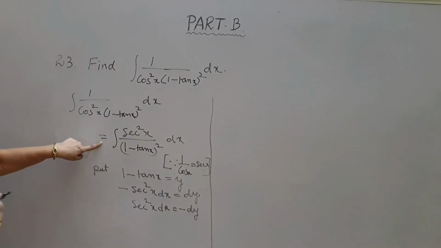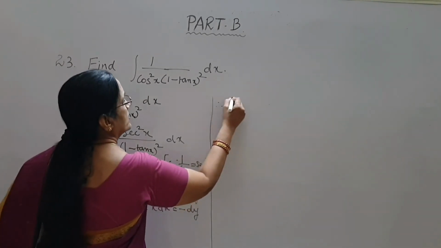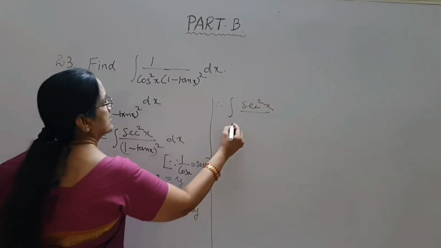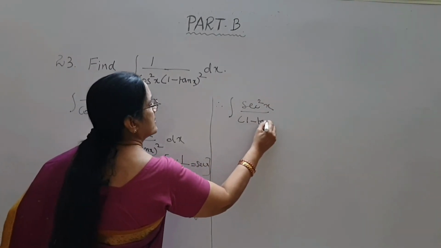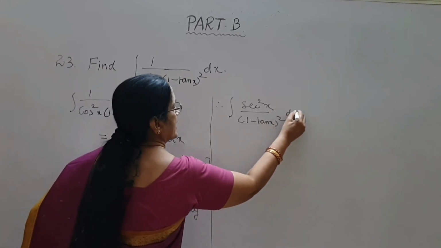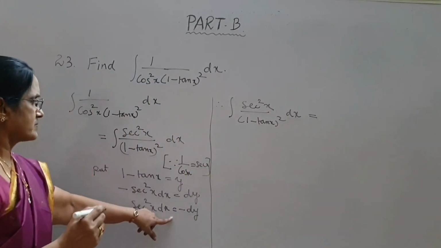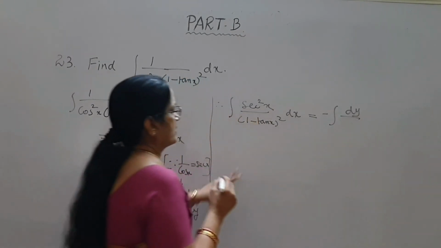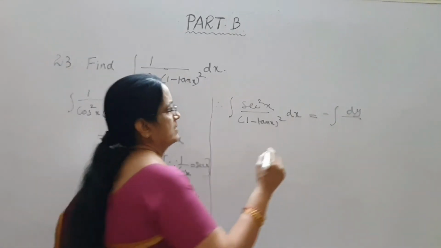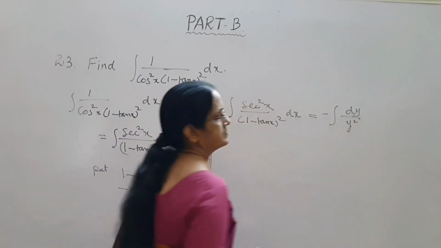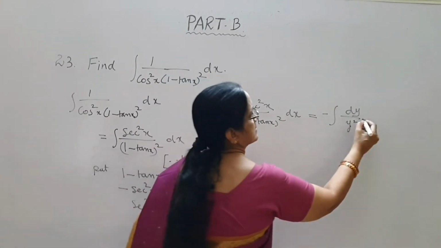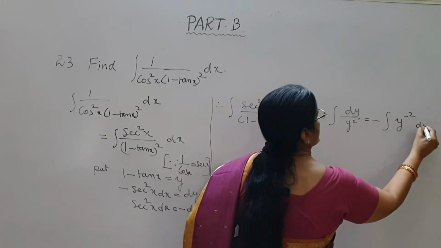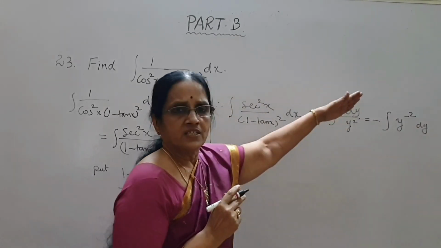Therefore this integral, integral secant square x by 1 minus tan x the whole square dx, is nothing but minus integral dy by y square, since you have taken 1 minus tan x as y. This is nothing but integral y power minus 2 dy. I have taken this y square to the numerator.